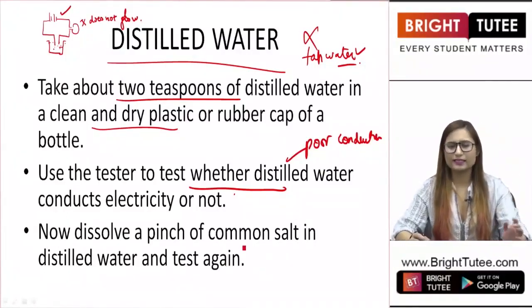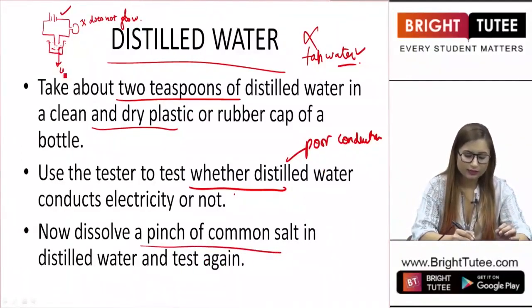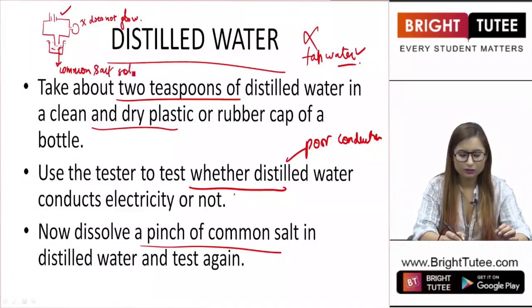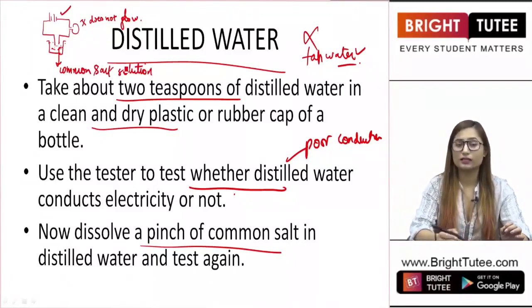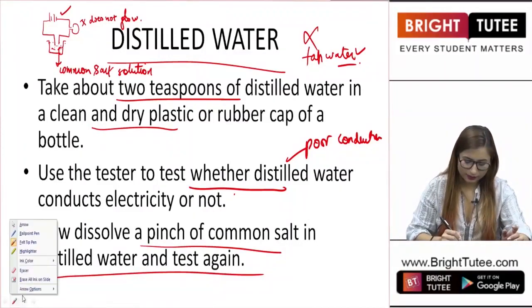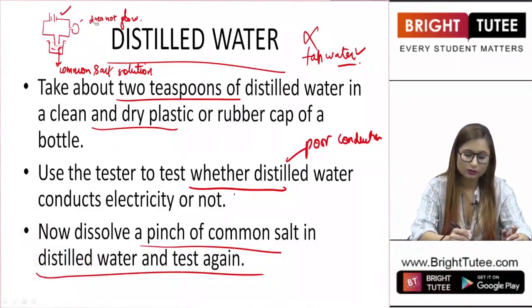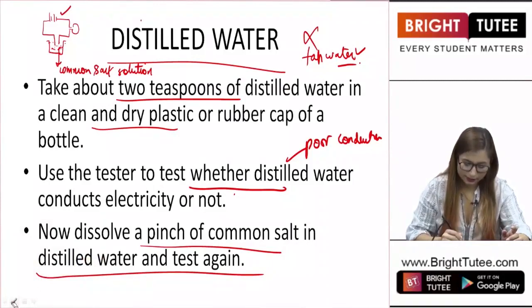Now in the next step, you dissolve a pinch of common salt. You have added common salt to the distilled water, so you call it a common salt solution now, and now we are testing it again. Because we have added sodium chloride, which is the common salt, this solution now has ions present inside it.